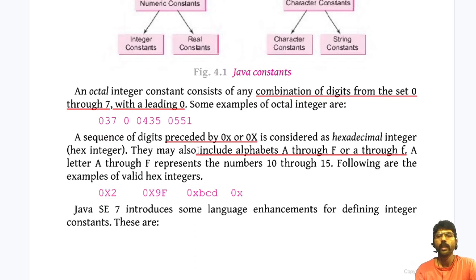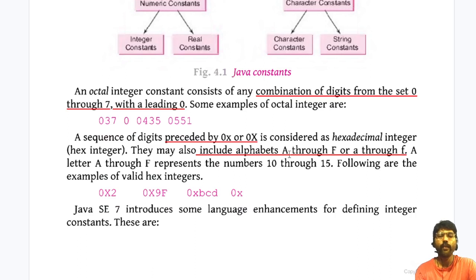The next one is called hexadecimal. A hexadecimal constant is always preceded by 0x or 0X, capital X. Hexadecimal constant values range from 0 to 9 and 10 to 15.